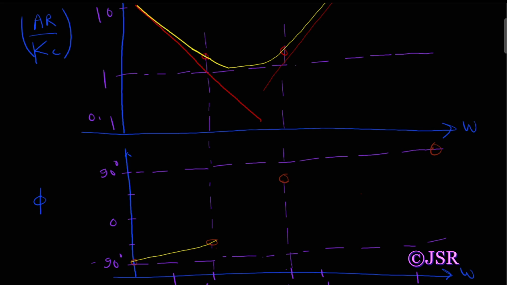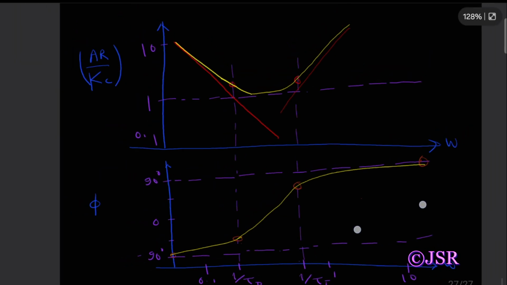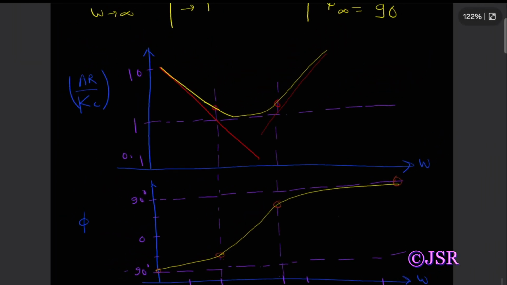When omega is greater than 1 upon tau I, we will have plus, so this will be plus. So this is the Bode diagram for PID controller.